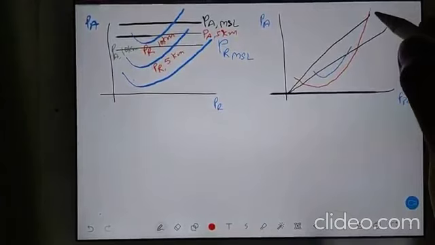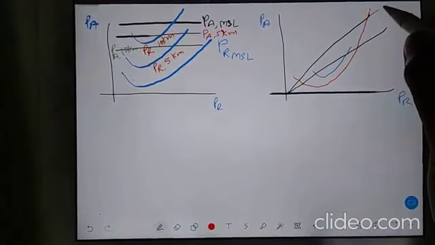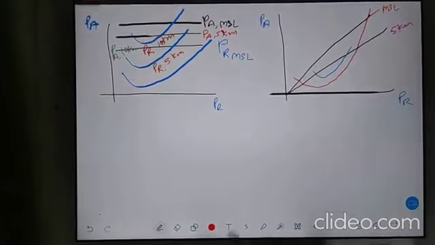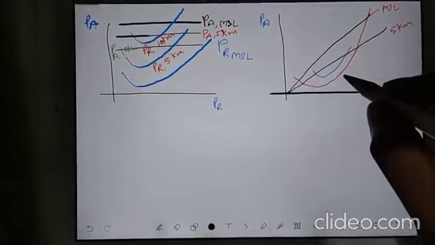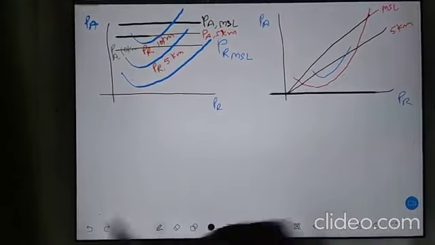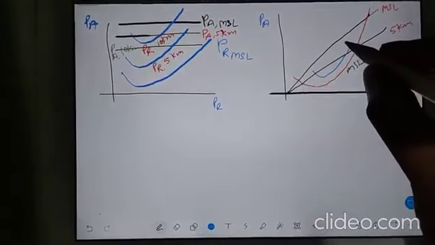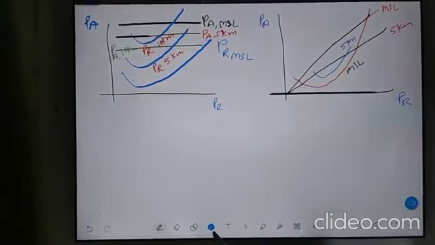This one I am drawing for mean sea level, and this one for 5 kilometer altitude. In the same way, this one is for mean sea level, and the blue one I am drawing for 5 kilometer altitude.